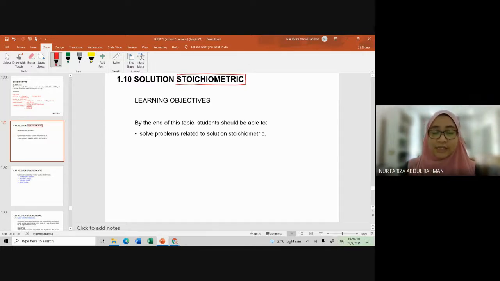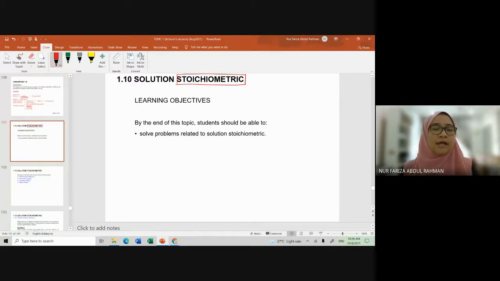So previously, if you can recall, the problems ataupun the questions only involved substances in solid state. Like for example, what we have in limiting reactant so far, right? We have all the substances, all the compounds in solid state. Sebab what we are trying to highlight is not the state of the substance.